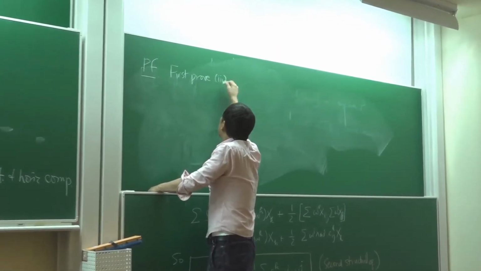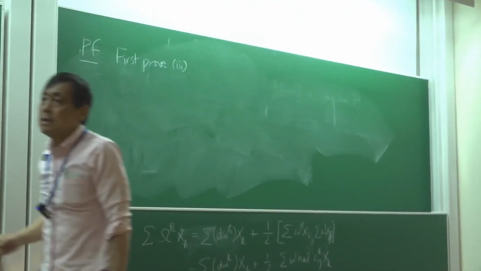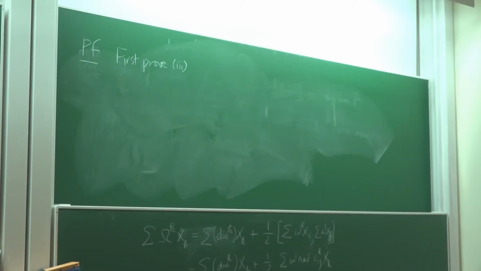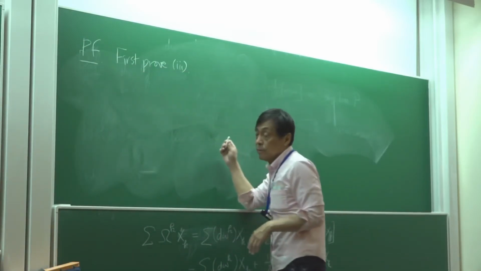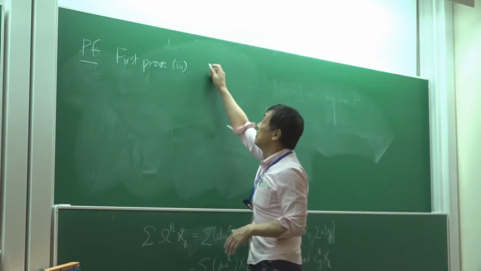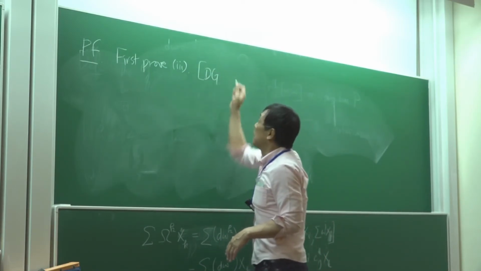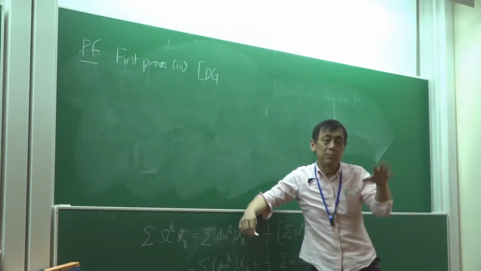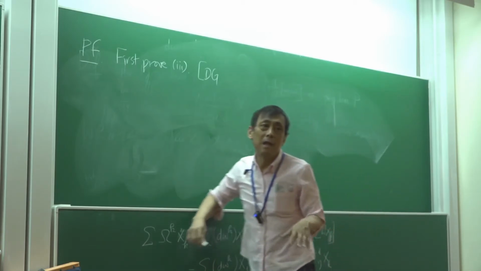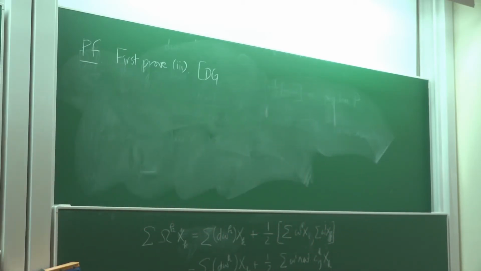Now, it takes a while to prove 3 because there are 3 different cases, and so it's not important for us to prove it. If you want to see the proof, I have sent you a chapter from my book on differential geometry, and the proof is there. So we're just going to assume this result.